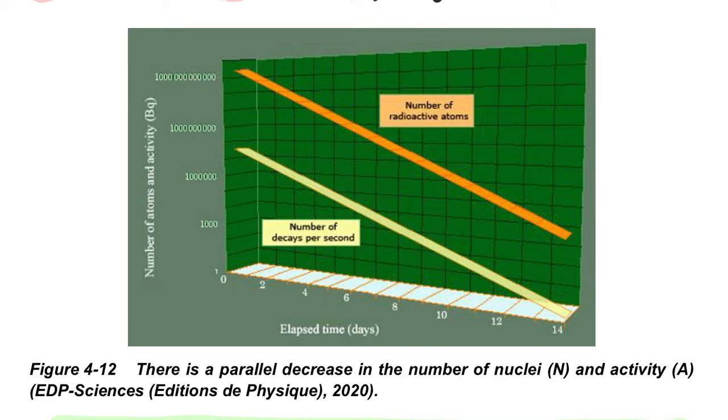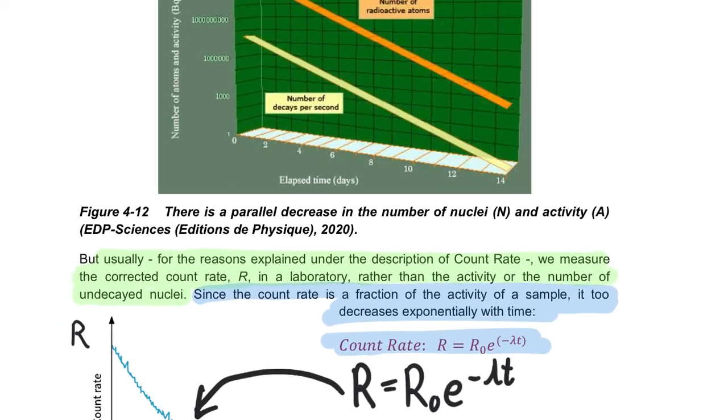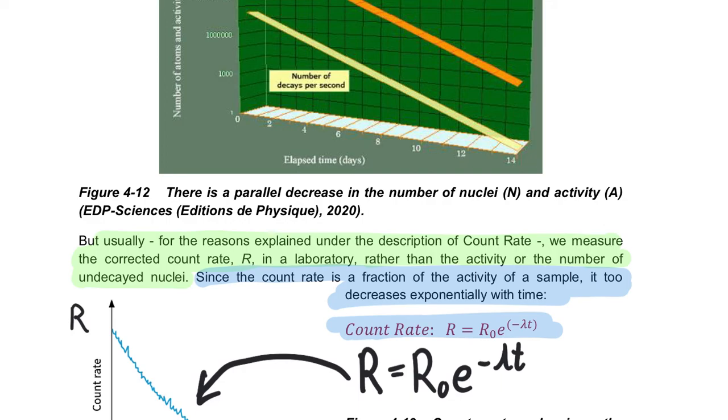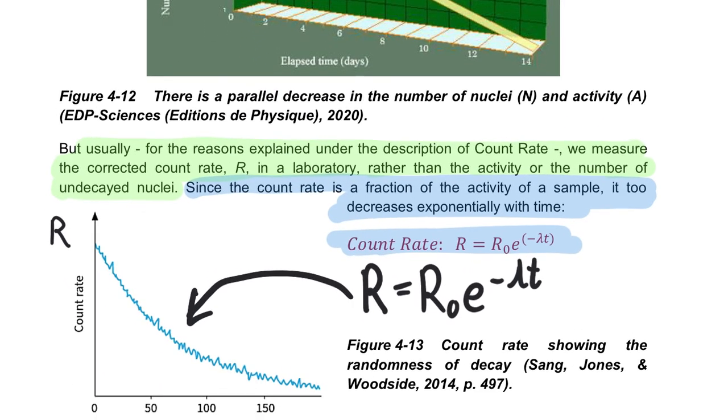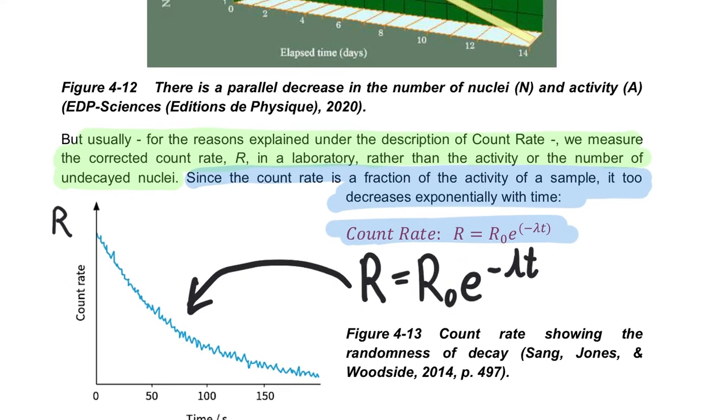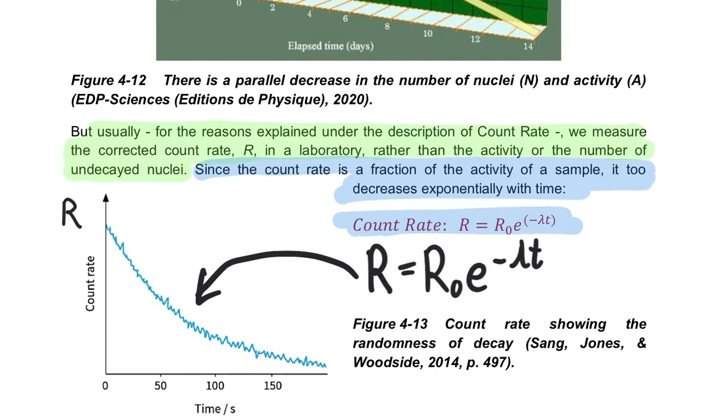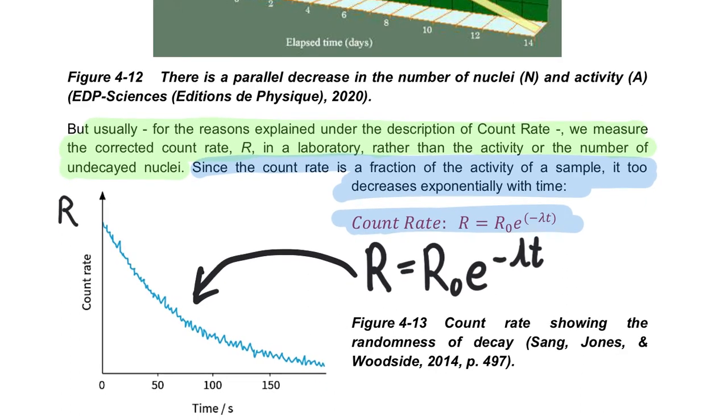So if we now look at the following, it says, usually for the reasons explained under the description of count rate, we measure the corrected count rate R in a laboratory rather than the activity or the number of undecayed nuclei.